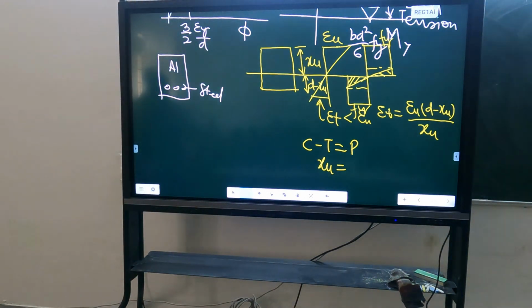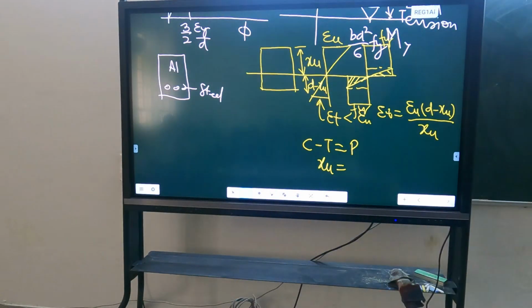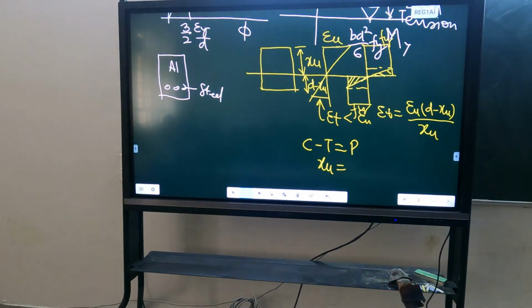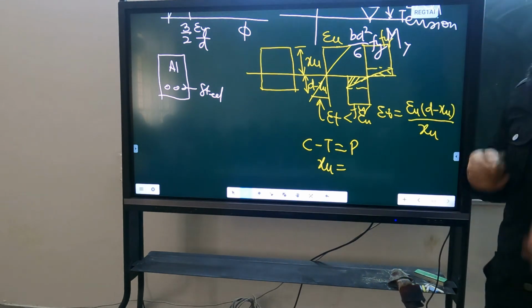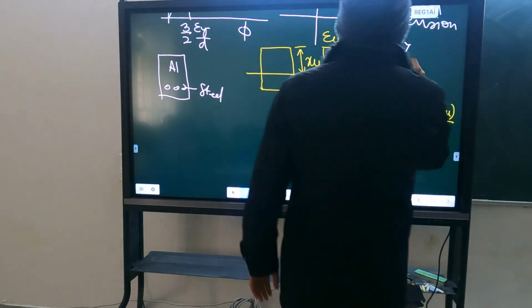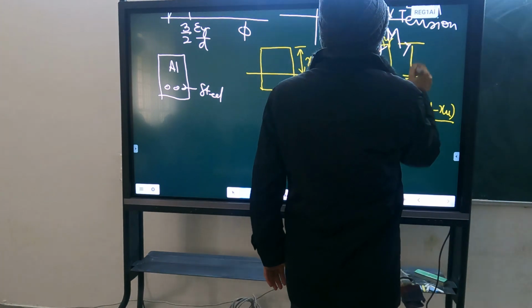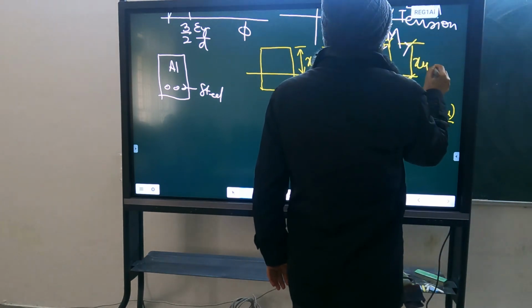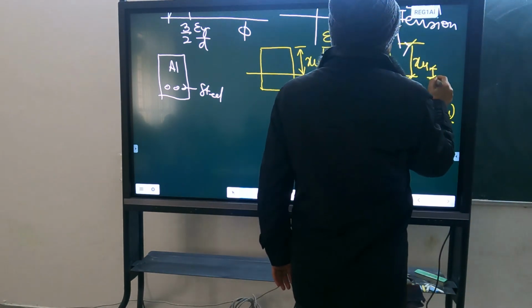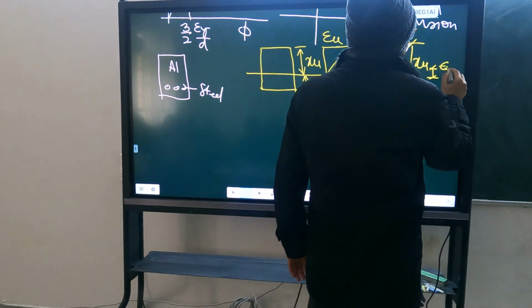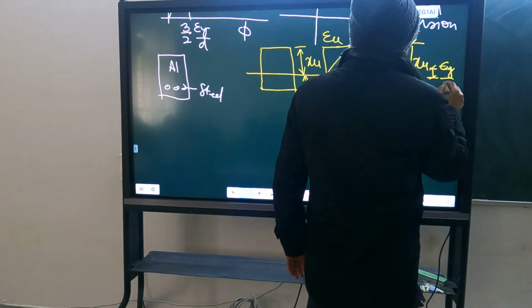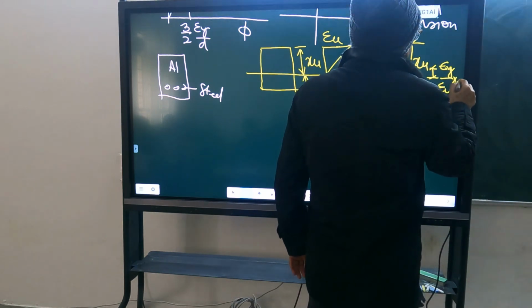Yes. Have you calculated it? It is not needed. If you go with my assumption, this is not needed. But if you want to calculate, you can calculate it. This is XU. How much will this be? Epsilon y by epsilon u times x.